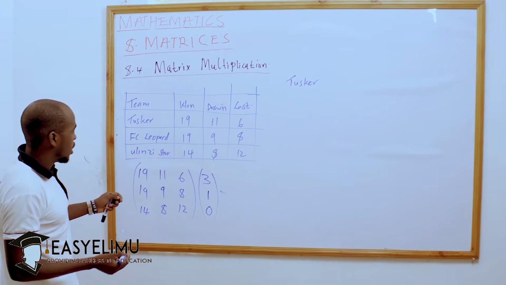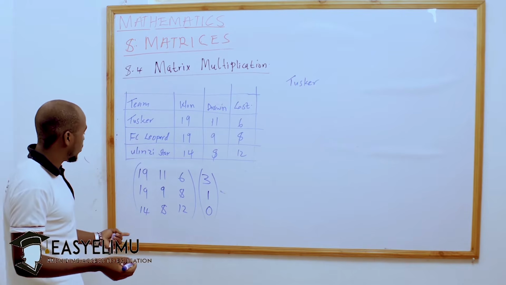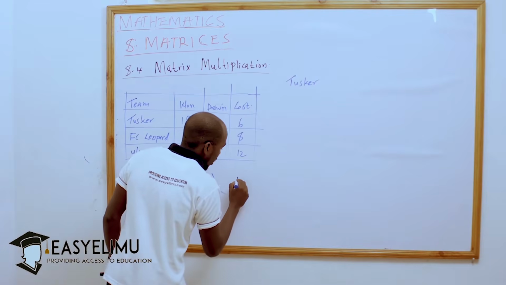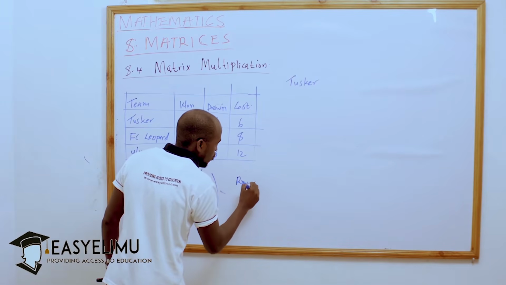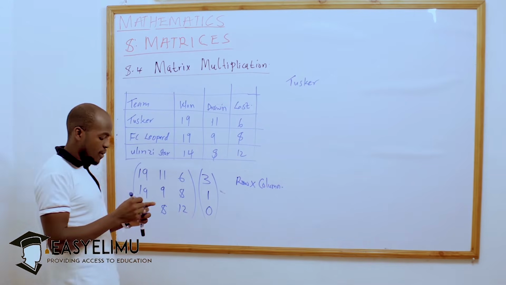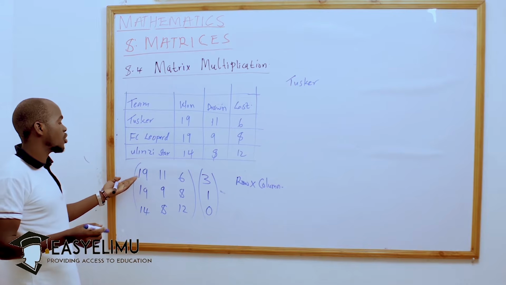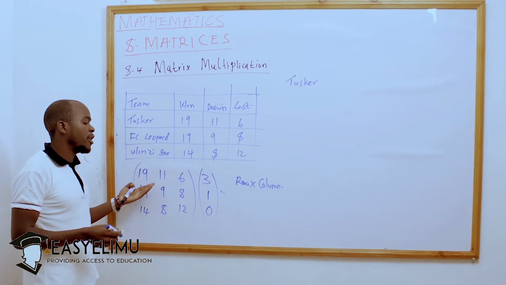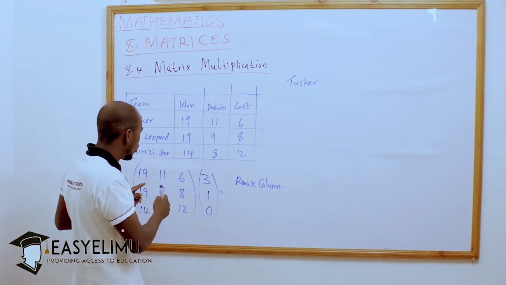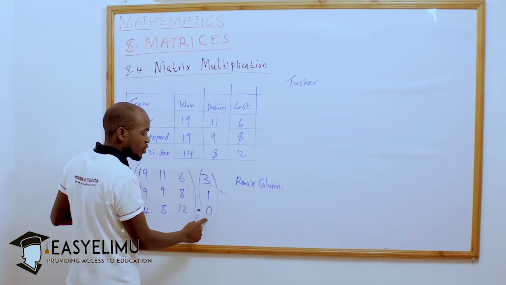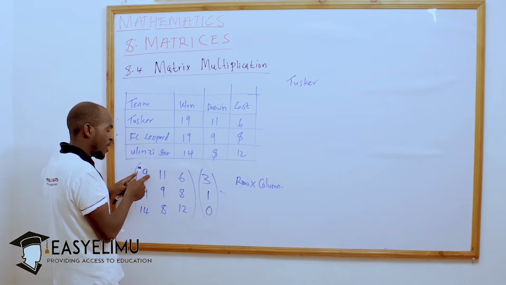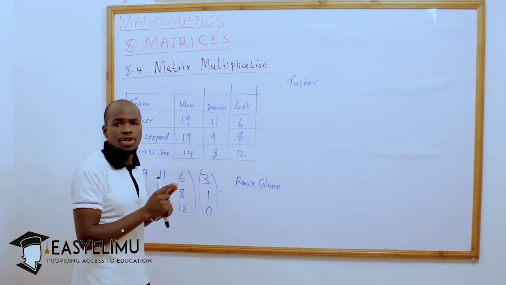Another thing in matrix multiplication: you take each row and multiply by the corresponding column. If there are 3 rows in a 3 by 3 matrix, it could be the first row with the first column, to get the first value here. I will show you with time.